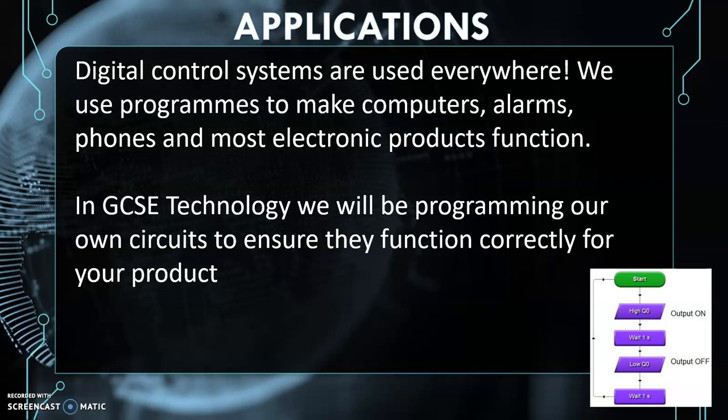In GCSE, so next year, you'll be using this to program the circuit you have made. Next year we get a project that we have to make and stick to, and you'll all be making individual circuits, and then you'll be programming them to do exactly what you want.